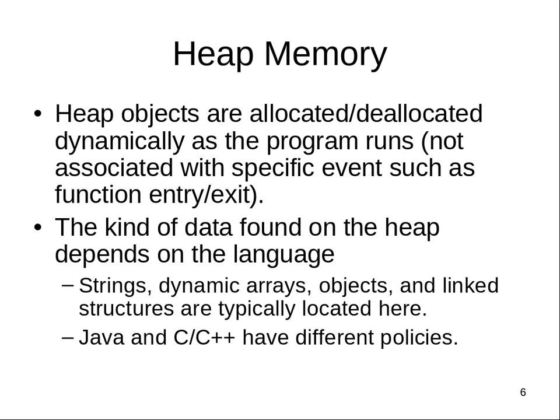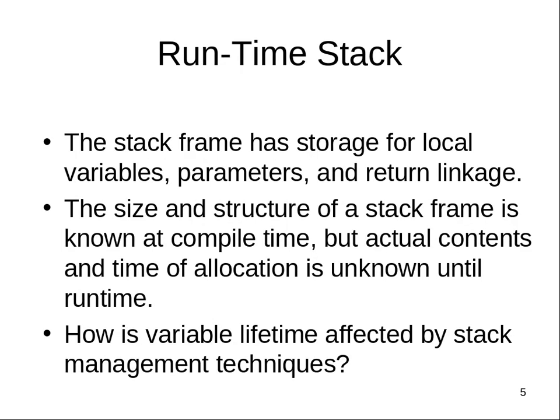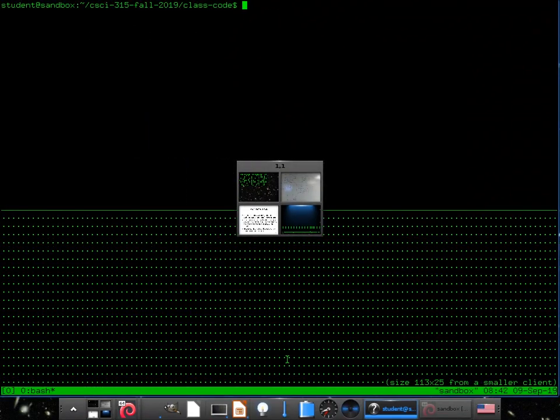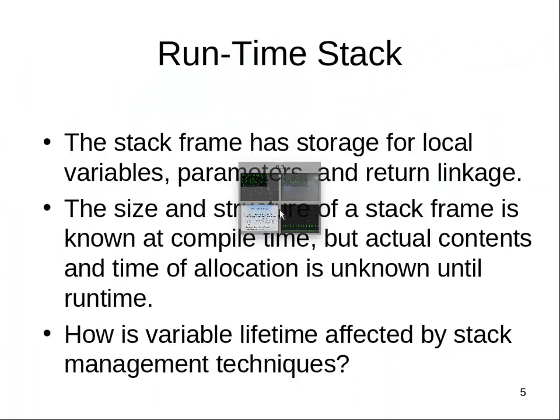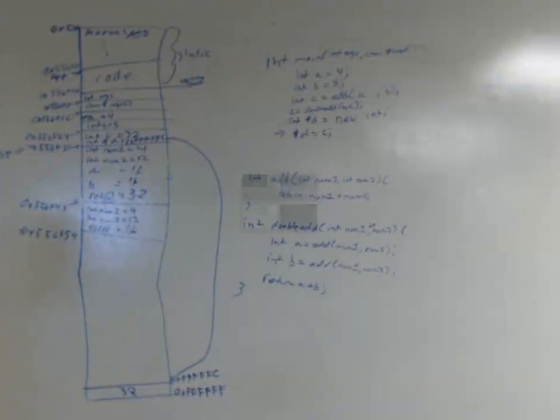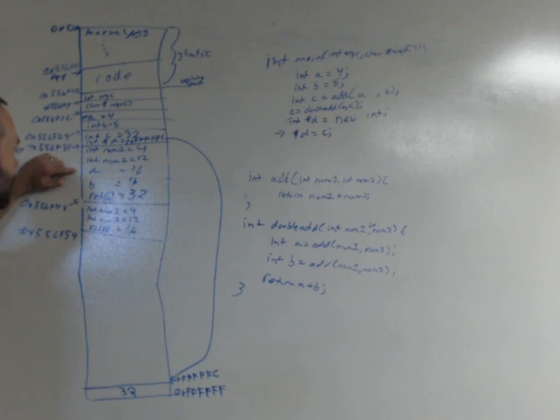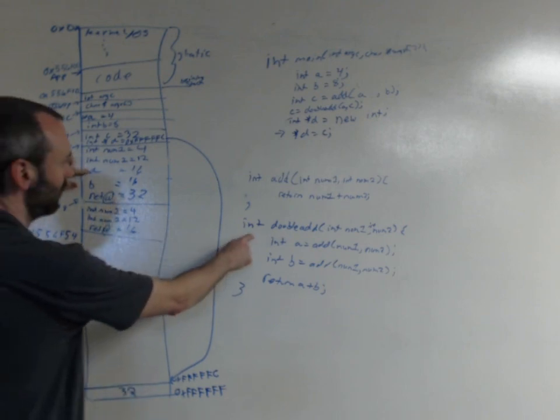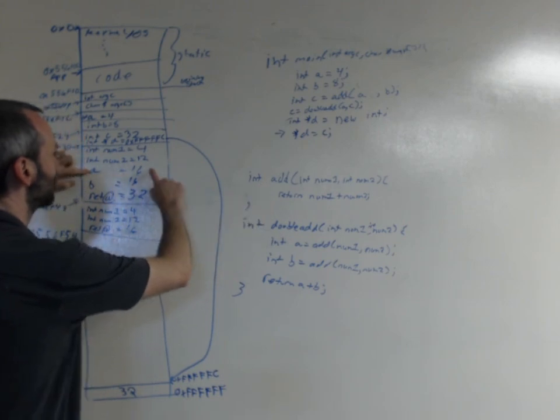Just for clarification, what's the lifetime of a variable on the stack? Yeah, the function. Notice that when double add was called, this A, its lifetime was still going while you're calling the other add function.